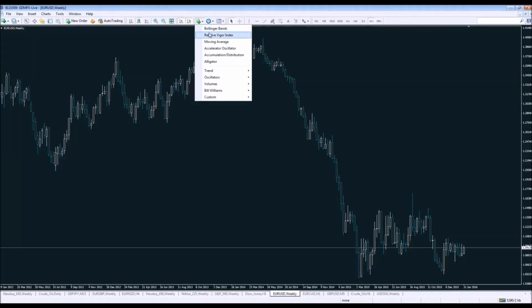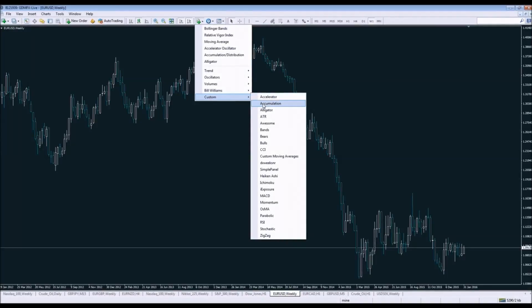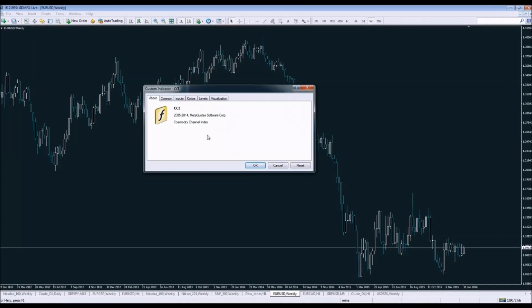So let's have a look at the commodity channel index here. It goes on the custom. If you can see, CCI is the abbreviation for commodity channel index. If we implement it on levels, we will see levels from -100 to +100, and of course the zero level.